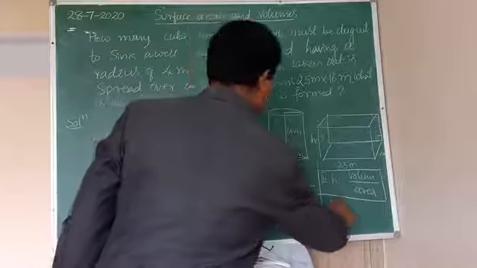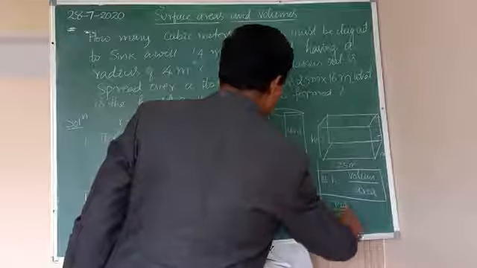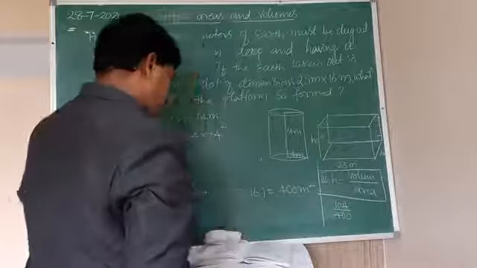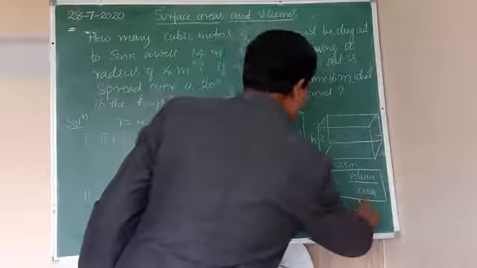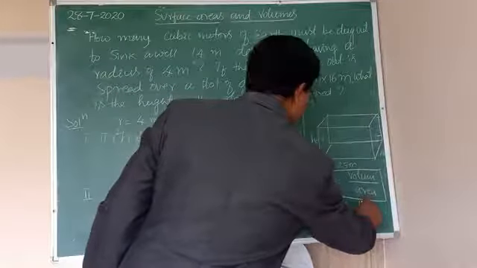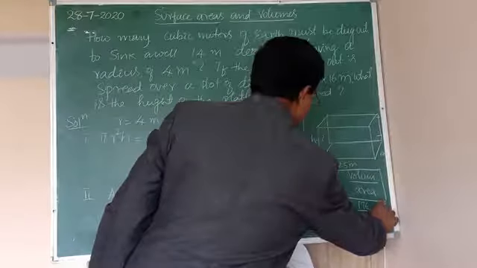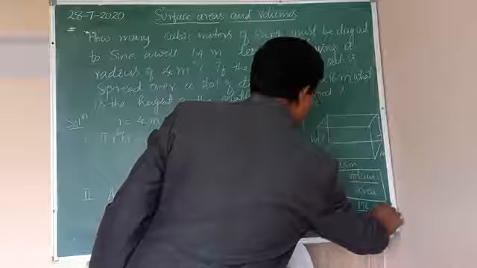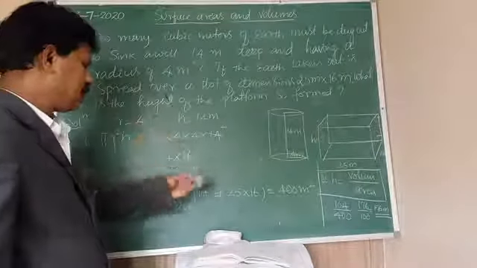Volume is 704, by area is 400. That is equal to 176 by 100. That is 1.76 meter.